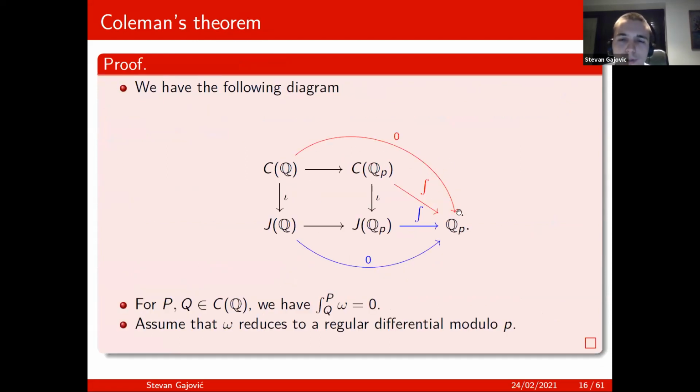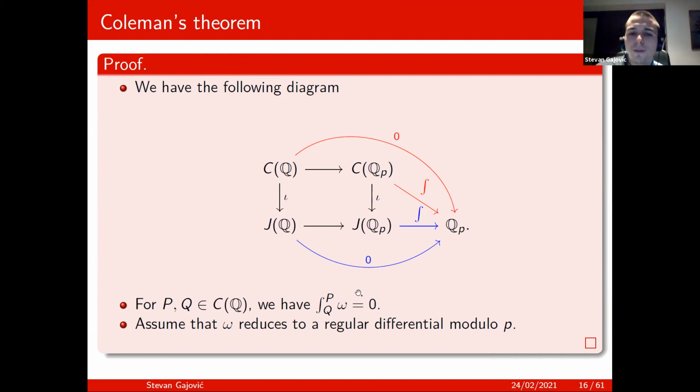So it follows that we have an analytic criterion to decide whether a point is rational or not. Inside Q_p, for this omega, by definition, the integral between any two rational points is 0, because this integral from P to Q is an element of J(Q).